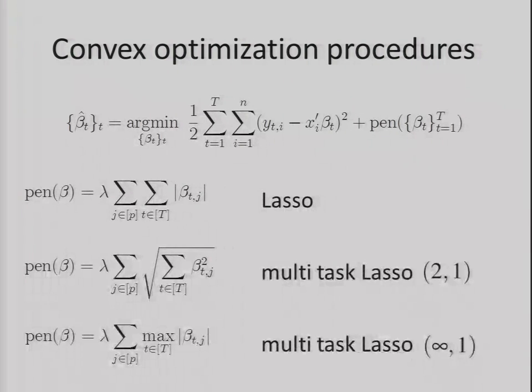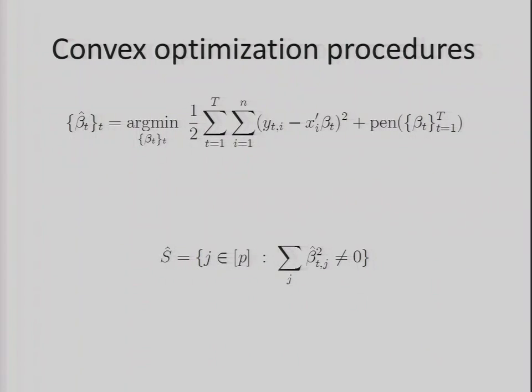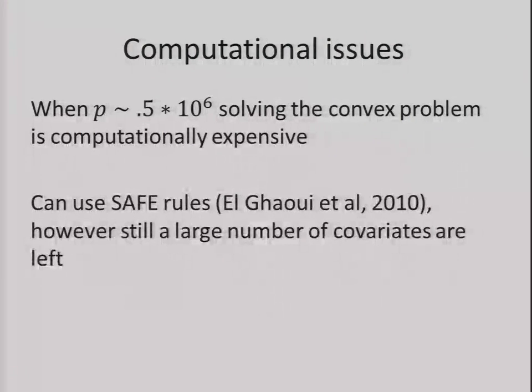And this corresponds to performing penalized regression on each task individually, whereas the last 2 perform penalized estimation jointly over all tasks. And so once a researcher fits this objective, the support that is recovered can be obtained by looking at which rows of the regression coefficients are non-zero, and they claim this is a set of relevant variables, and maybe they want to perform some further validation in the field of interest, but that is what is done.